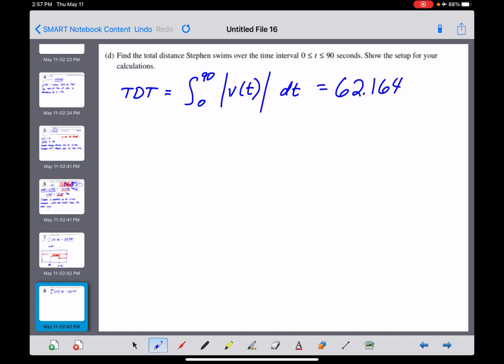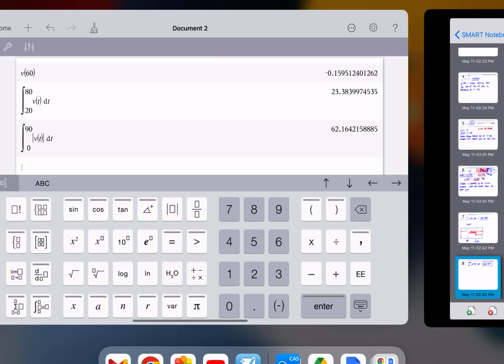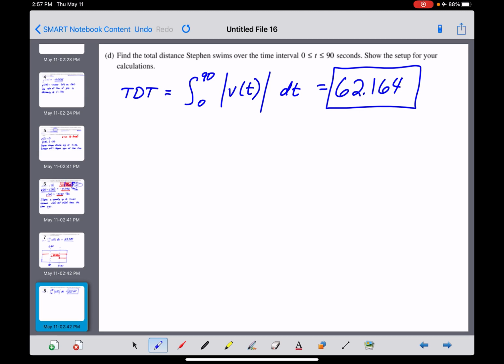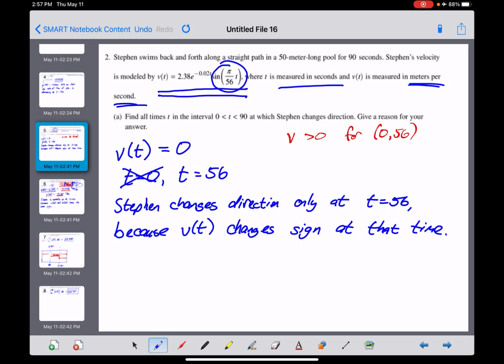It didn't ask for units, but everything would be in meters right here. Show the setup for your calculations. Okay, and that is where we are at, 62.164. I'm kind of curious then how that relates to what we knew here overall.